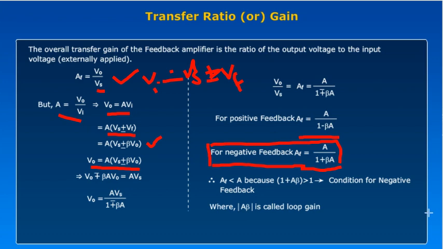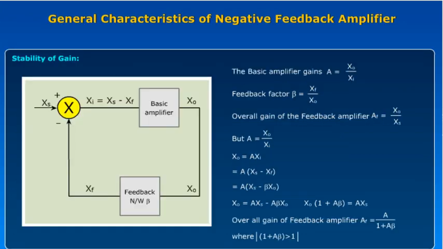This is a condition for the feedback amplifier, where A beta is called the loop gain. So the transfer gain of the negative feedback amplifier is AF equal to A by 1 plus beta A.